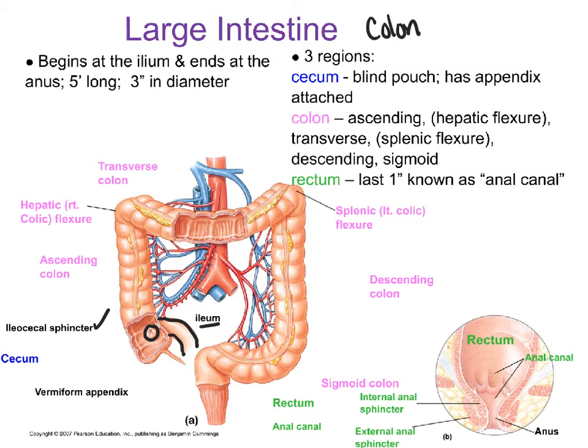It's called the ileocecal sphincter or the ileocecal valve. So what's coming from the small intestines is chyme, so kind of this greenish goo, and that makes its way through the ileocecal valve into this first section of the large intestine, this little pouch that's called the cecum.